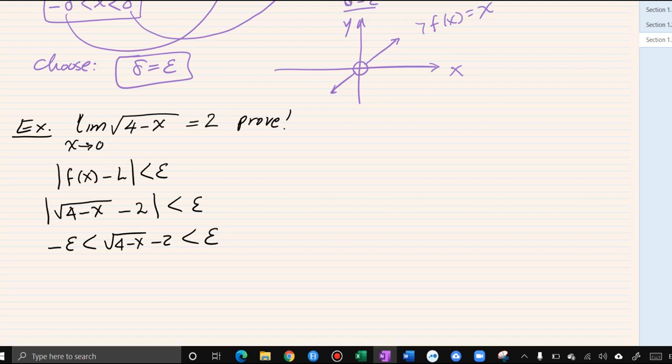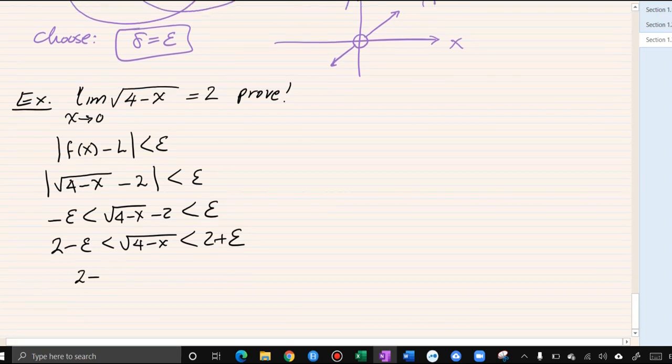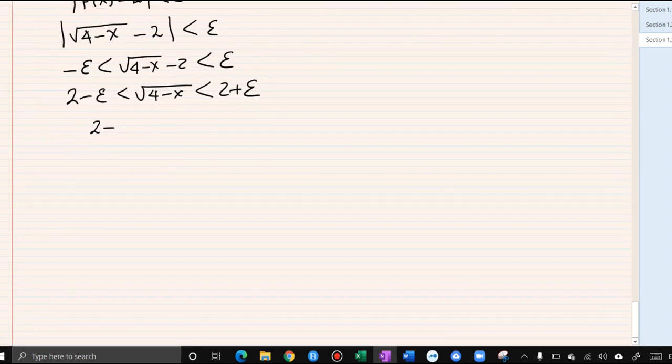We're going to add 2 to all parts, right? So that's 2 minus epsilon less than square root of 4 minus x less than 2 plus epsilon, right? And let's square all parts to get rid of the radical sign. So this is going to be 2 minus epsilon squared less than 4 minus x less than 2 plus epsilon squared, right?